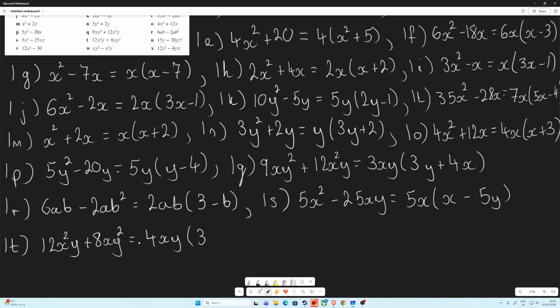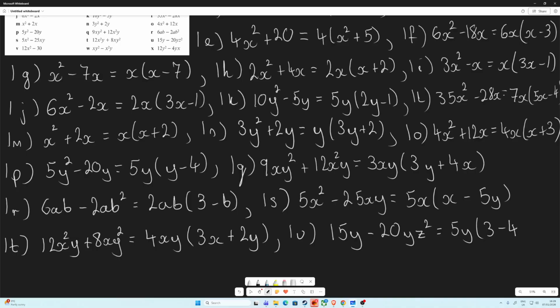We're left with 3x plus 2y. 1u, 15y minus 20yz squared equals 5y, 3 minus 4z squared.